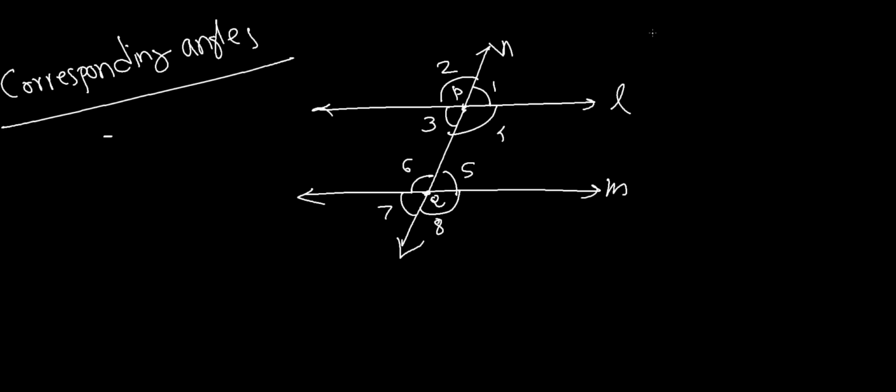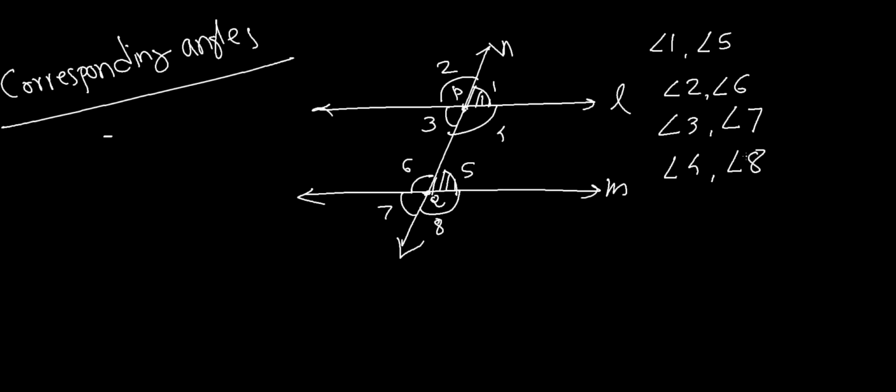So here I will just write down some examples of these corresponding angles. Angle 1 and angle 5 are corresponding angles. Then angle 2 and angle 6 are corresponding angles. Then angle 3 and angle 7 are corresponding angles. Angle 4 and angle 8 are corresponding angles.